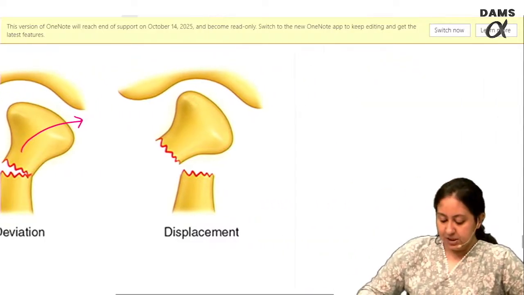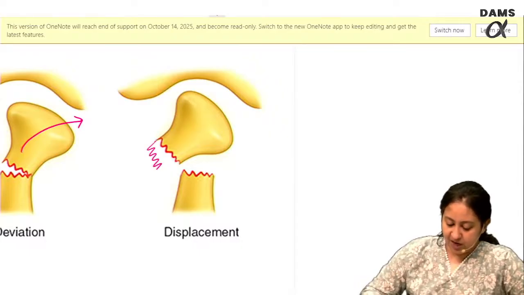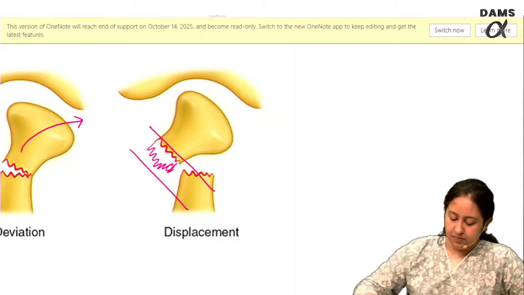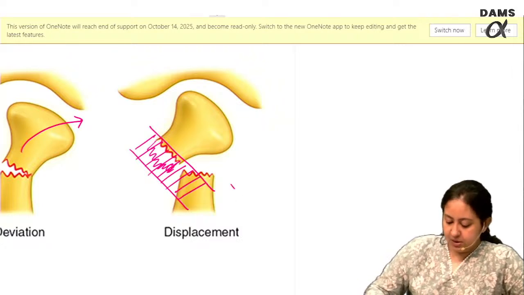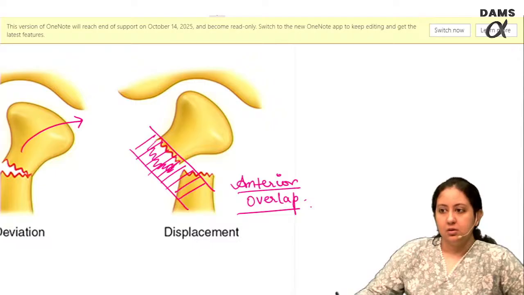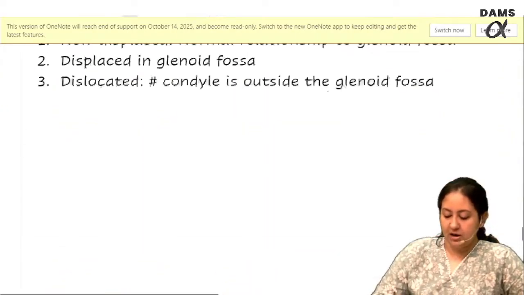This is displacement. So if we imagine this fracture is extending like this, anterior overlap, displacement. No contact, I have already shown you.